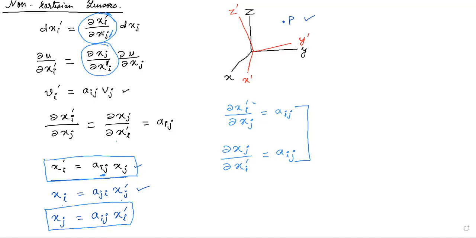For example, if we transform from the Cartesian coordinate system to the spherical polar coordinate system, then we can easily see that these two are not the same. So let us look at a simple example. Let me do it on the side here, and I'll use a different color.